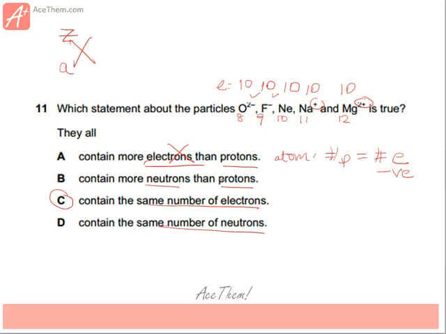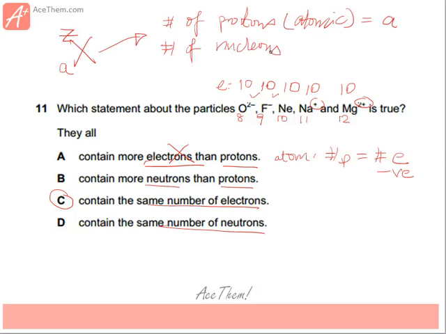Now, to make sure we know why options B and D are wrong, we can also know that for such an element X, with atomic number A and mass number Z, it means that the number of protons, which is defined by the atomic number, is A, and the number of nucleons, which is why it is called the nucleon number, is Z. Nucleons equal protons plus neutrons.